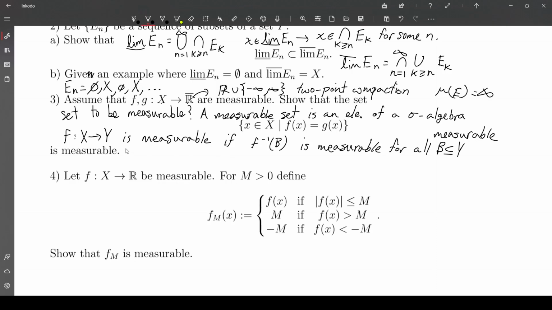So this is very analogous to f being continuous. For f being continuous in topology, the inverse images of open sets are open, and here the inverse images of measurable sets are measurable. And in fact, there is such a connection.